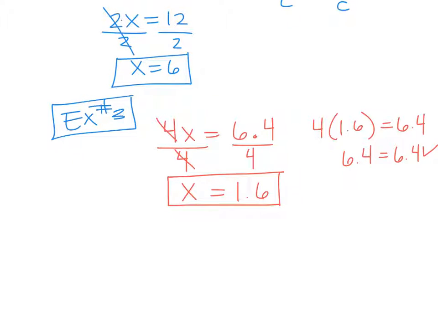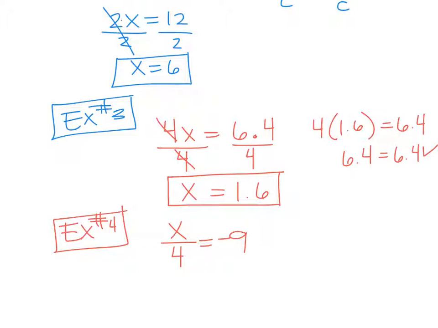Okay? How about this one? If I give you x divided by 4 equals -9. Okay, what operation is happening in the problem currently? Division. What's the opposite of division? Multiplication.